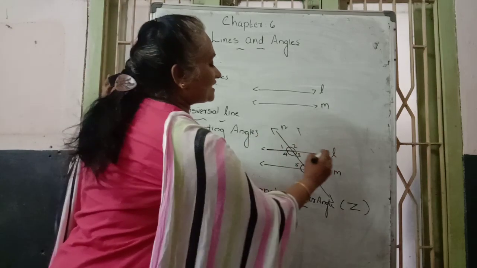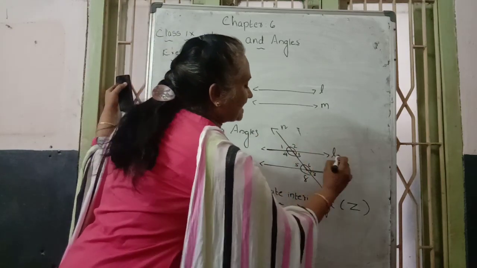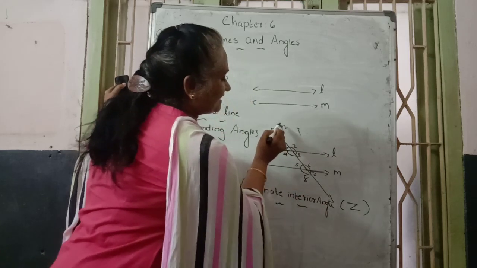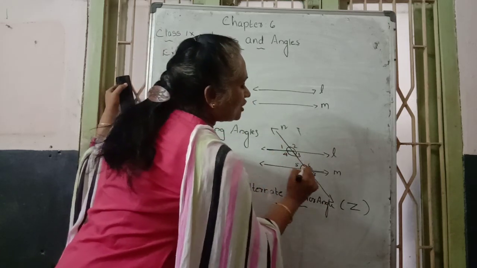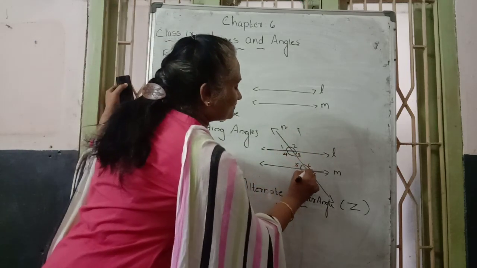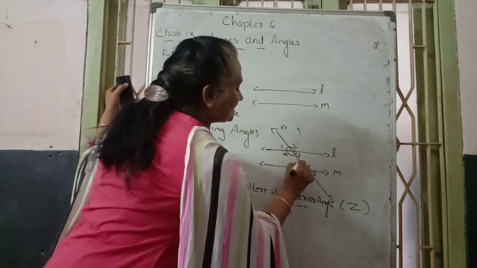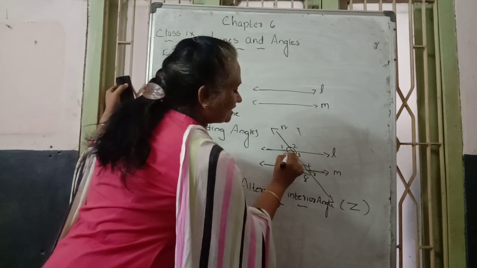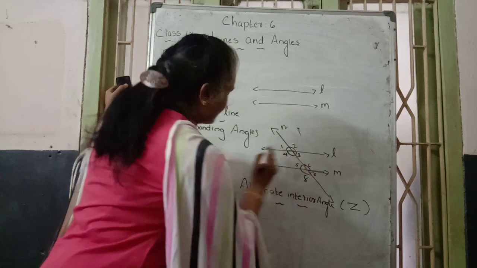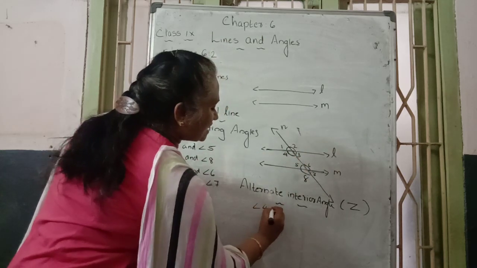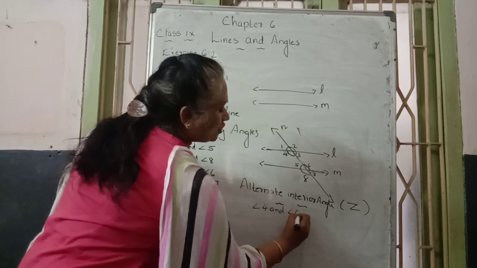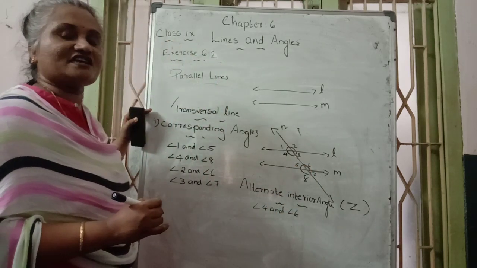That's why here the lines are line L and line M. They are cut by a transversal line N and they make alternate interior angles. Which is the alternate Z shape? Yes, in this way. In the left side case, the Z shape corner angles, inside part, angle 4 and angle 6, are alternate interior angles on the left side.